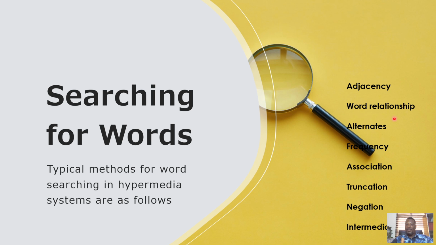You have maybe a phrase, and a section of it is taken away. Then negation of some of these words and intermediate words. So these are things that relate to the search of words whenever you're dealing with hypermedia systems.